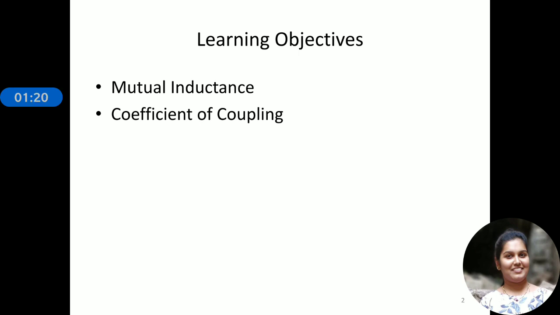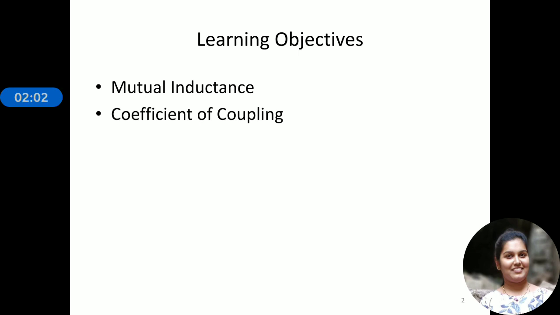That is, if a coil is supplied with a current, its ability to induce voltage in itself is called self-inductance. It is indicated by the letter L, and the unit of inductance is henries. These are the points we discussed in the previous video.